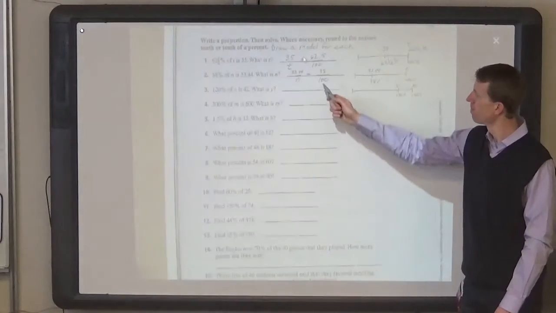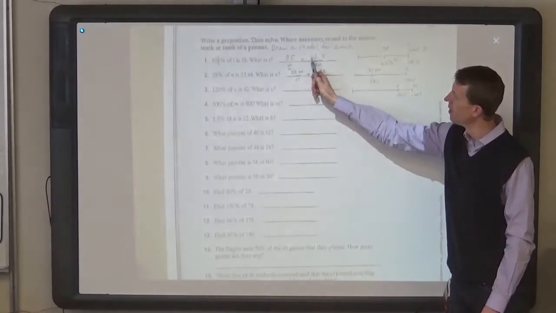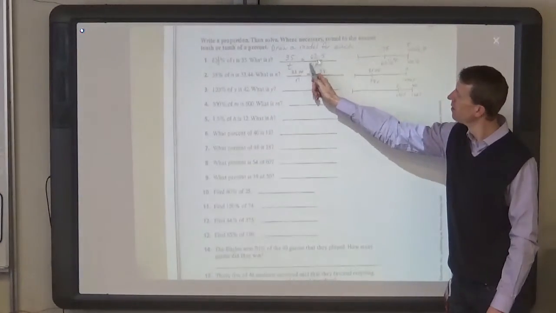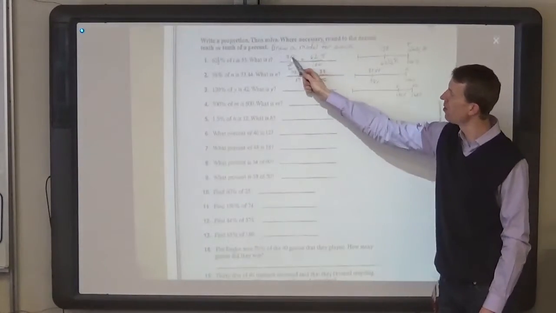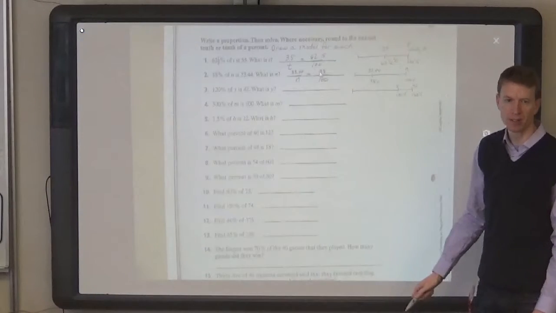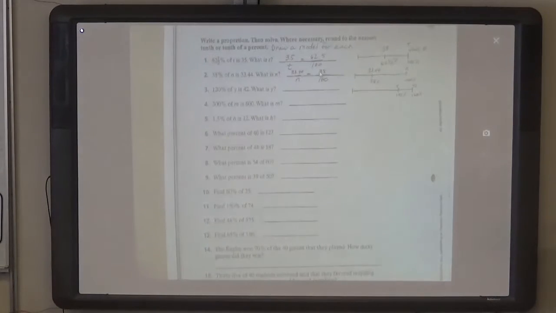All right? When we solve this, then, you can cross multiply 62.5 times t and 35 times 100, and then divide to solve the proportion. So do that part right now.